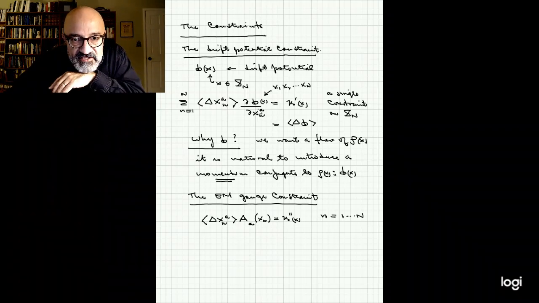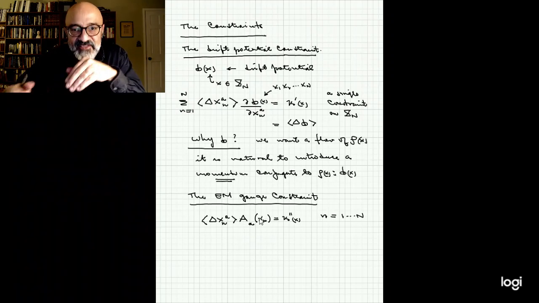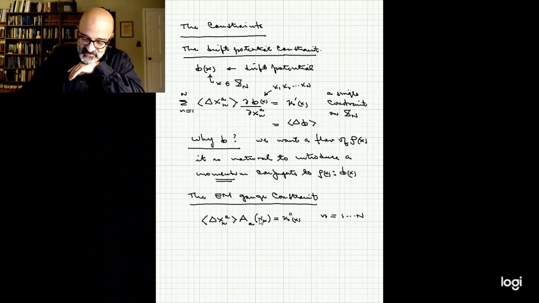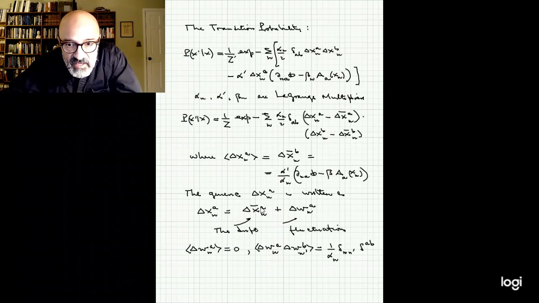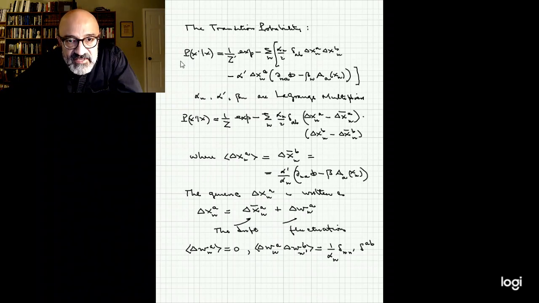I could increase or change this function, this drift potential phi, by a certain amount, while correspondingly decrease or change those guys there to obtain the same final transition probability. And indeed, this is what we see here when we have this transition probability. The quantity that regulates the transition probability is not the drift potential by itself or this vector potential by itself, but a peculiar combination of the two.